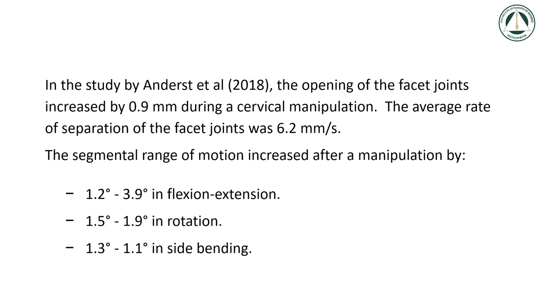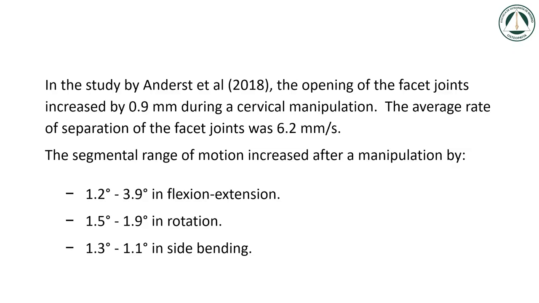Intervertebral range of motion increased after manipulation by 1.2 degrees to 3.9 degrees in flexion extension, 1.5 degrees to 1.9 degrees in rotation, 1.3 degrees to 1.1 degrees in side bending.